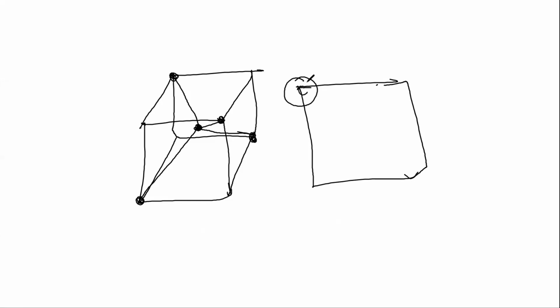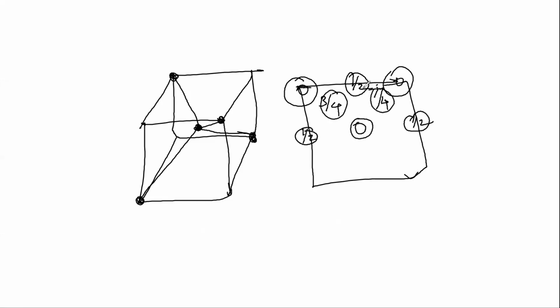This is 0 and it is half, that is 0. Then again I'll have here 3 by 4. So 3 by 4 plus 1 by 4 you'll have 1, right? Then I have 0. I'll have half here. So 0, 3 by 4, 1 by 4.